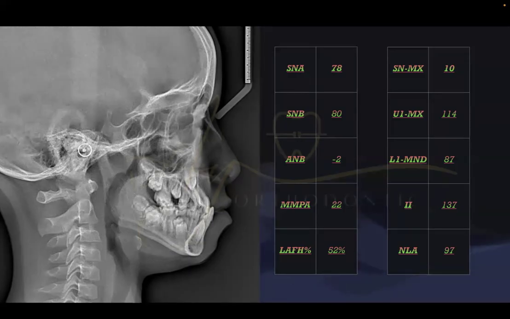Which mandibular position should we use during the assessment of class 3? ICP or RCP? RCP. And which position should you recommend when you're doing the cephalometric analysis, RCP or ICP?